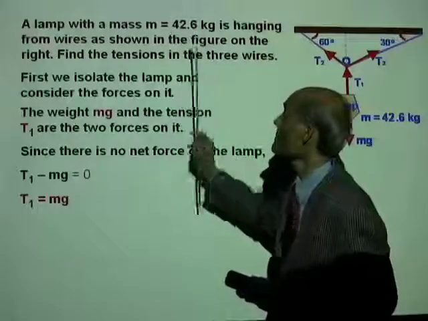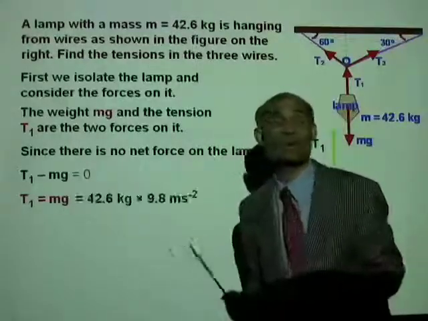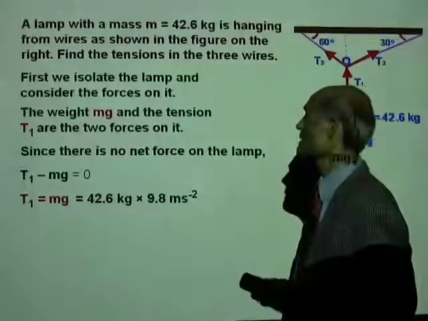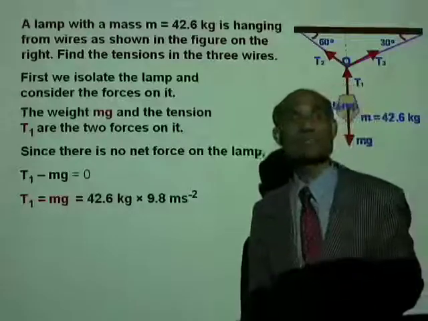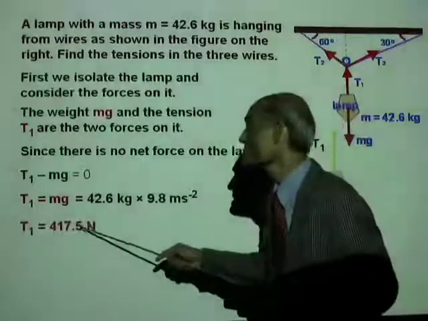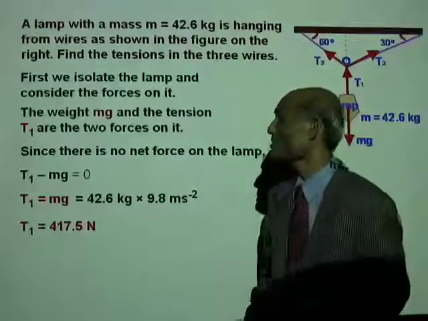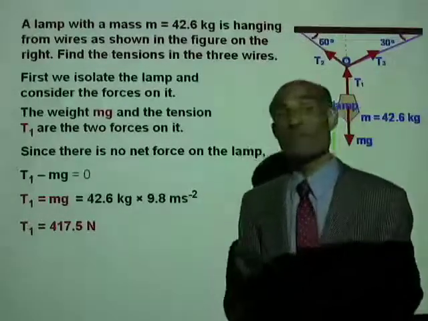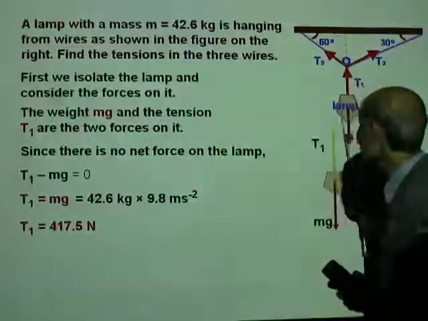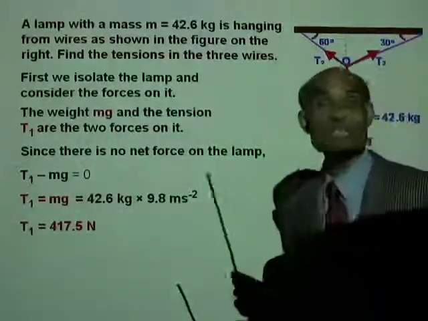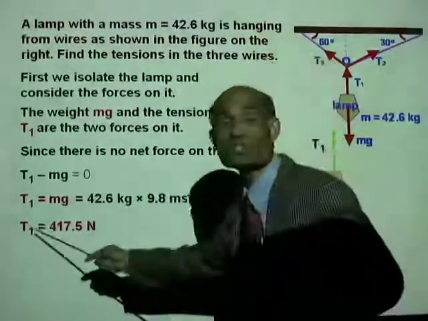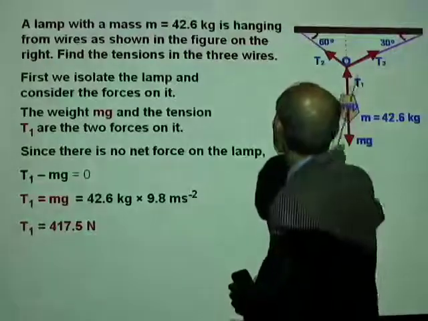We know M, we know the value of g. That will be 42.6 kilogram times 9.8 meter per second squared, and that is 417.5 Newton. So that simple operation of identifying this lamp as the object on which the net force is 0, we were able to obtain one value.